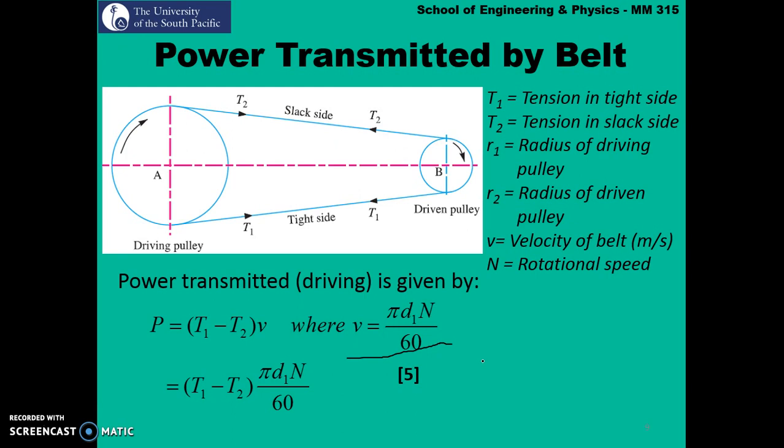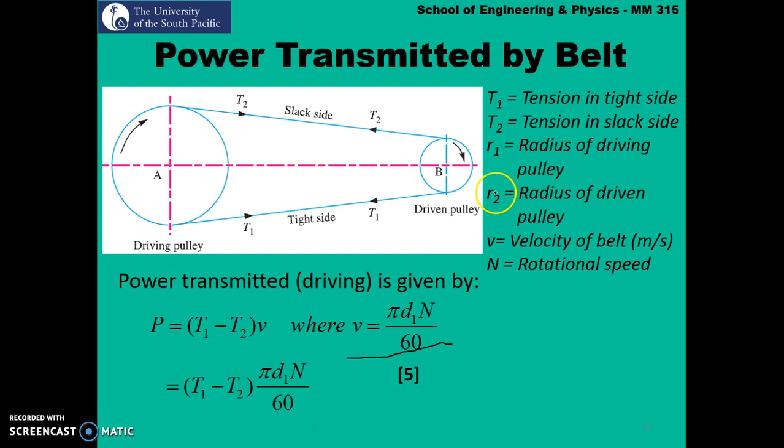Again, common sense prevails. For the driver pulley, whatever is the diameter of the driving pulley, you will use that diameter to calculate your velocity. So your linear velocity is pi dn upon 60, and your power is simply T1 minus T2 into your velocity, and you can put pi dn upon 60 as your formula for calculating the power.